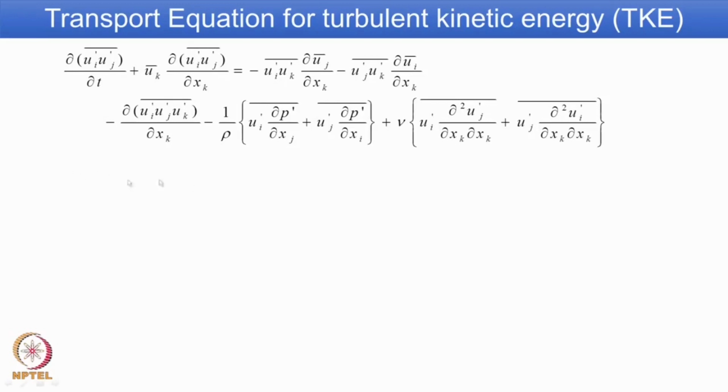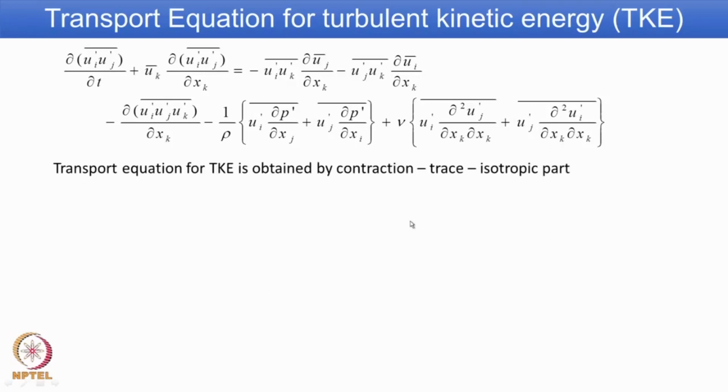So, that same equation is written once again here. Now, what do we do? There is a procedure called taking the trace, in other words contraction, or taking the isotropic part. Let us see what the isotropic part is. We learn that the Reynolds stress u_i' u_j' bar is actually a matrix, a second order tensor.